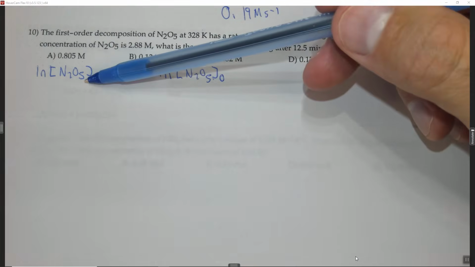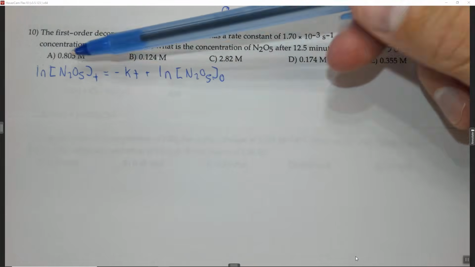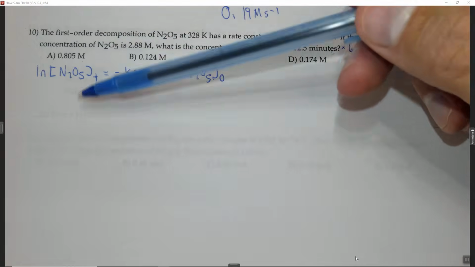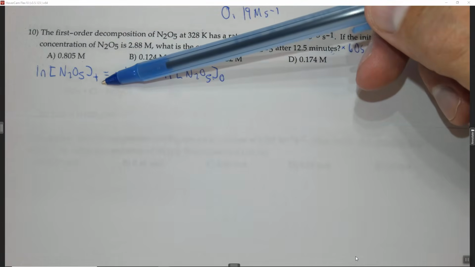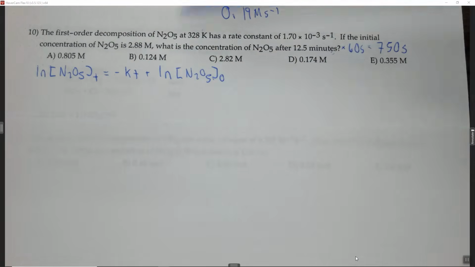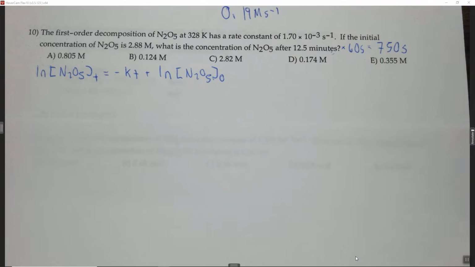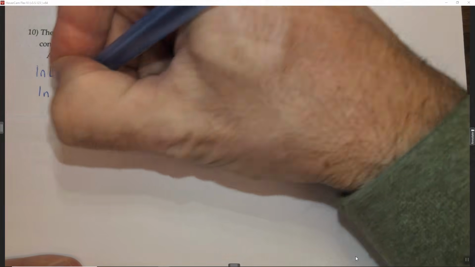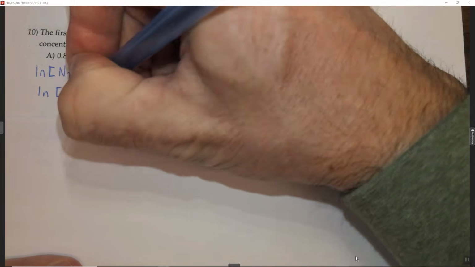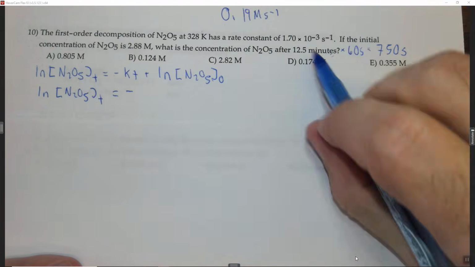It'd be 1 over the concentration of N2O5 at some t if it was the second order rate law, or it would just be the concentration of N2O5 at some t if it was the 0 order rate law. So you need to know which one to use. In this case, because it's first order decomposition, make sure you're using the first order integrated rate law. Now let's plug in. Okay, so the ln of the concentration of N2O5 at some t equals minus K. We know K.